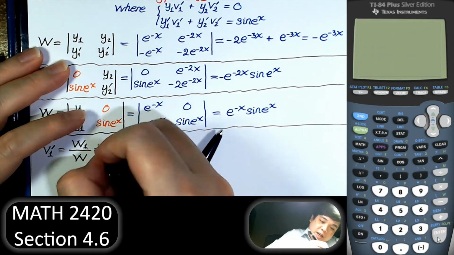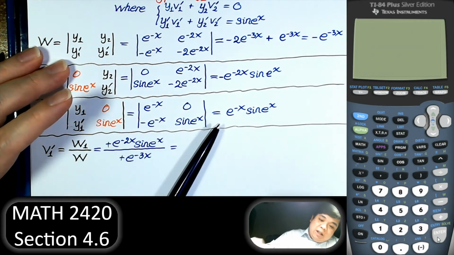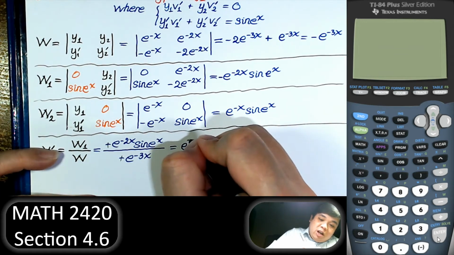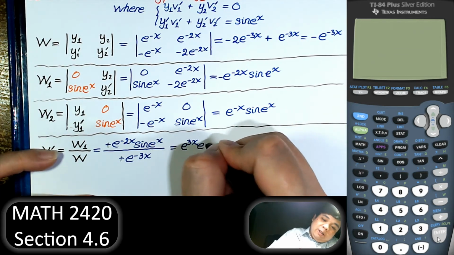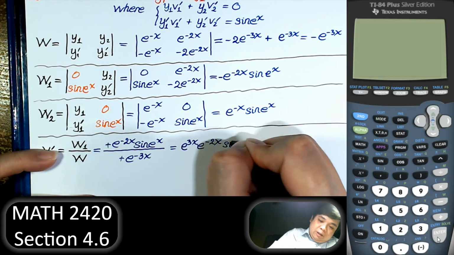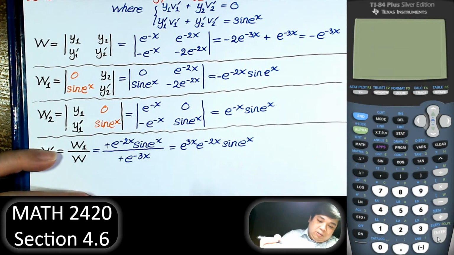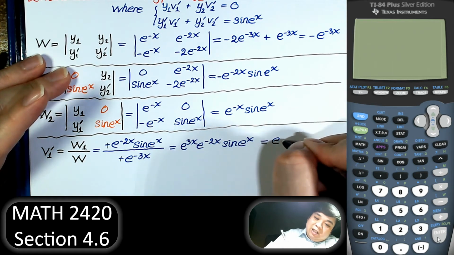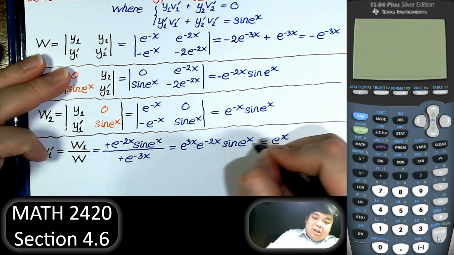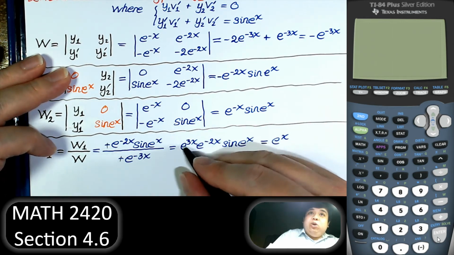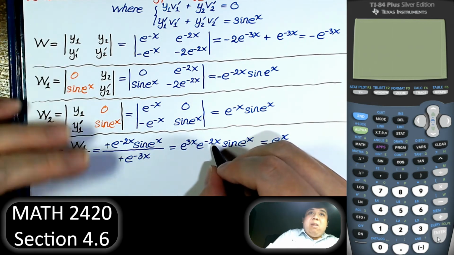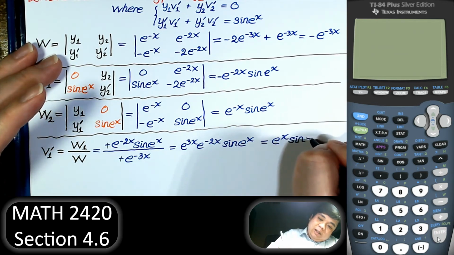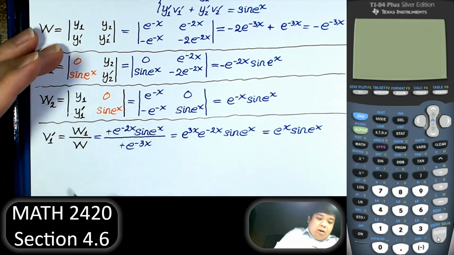Just cancel the negative sign, move the e to the negative 3x from the bottom to the top, and it turns positive. Oh, it's not that bad. This is not integration by parts. So e to the x, when you combine this, 3x minus 2x, 3 minus 2 is 1, and then sine of e to the x. Alright, so that is v1 prime.